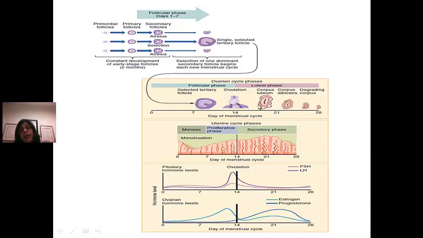And we talked about corpus luteum being formed, and now corpus albicans, that is the regressing corpus luteum, and this is the degrading corpus luteum again, so day 28. In the ovary, you have three phases: follicular phase, ovulation, and luteal phase. They're shown here, correct? Now, let's talk about the uterine cycle.